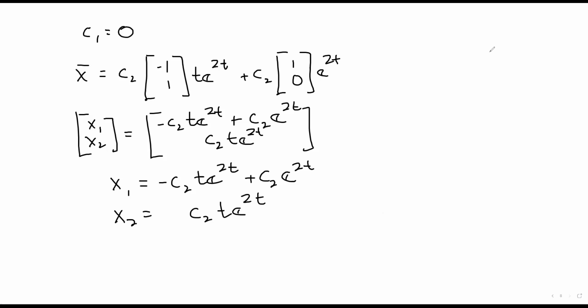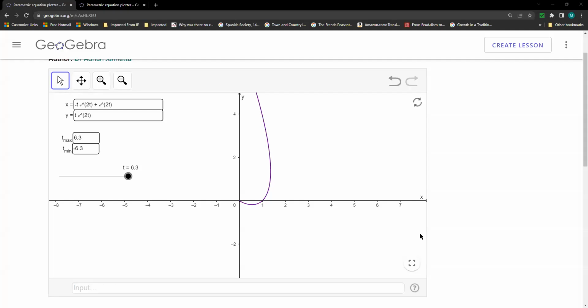All right, so I've already gone through and done that. And so this is what we get. I've plugged in our equation, except missing the C2, and this is what it ended up looking like.